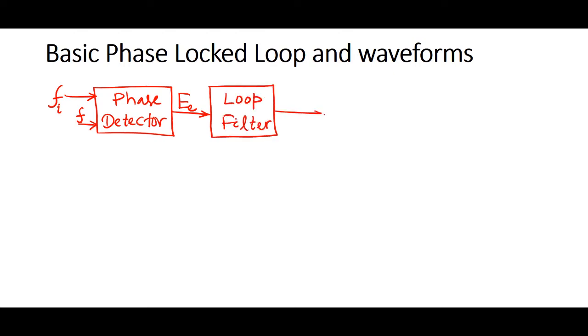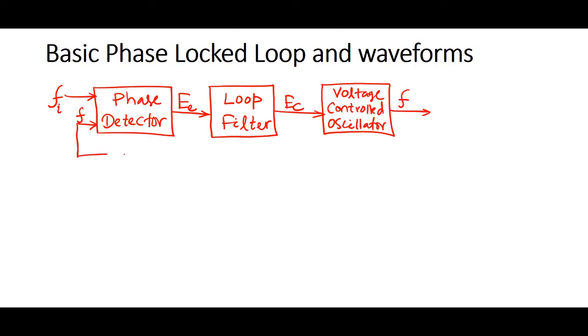Loop filter output is the control voltage EC, which goes to a voltage controlled oscillator, and output is the output frequency F, which is fed back. So, this is the basic PLL block diagram.